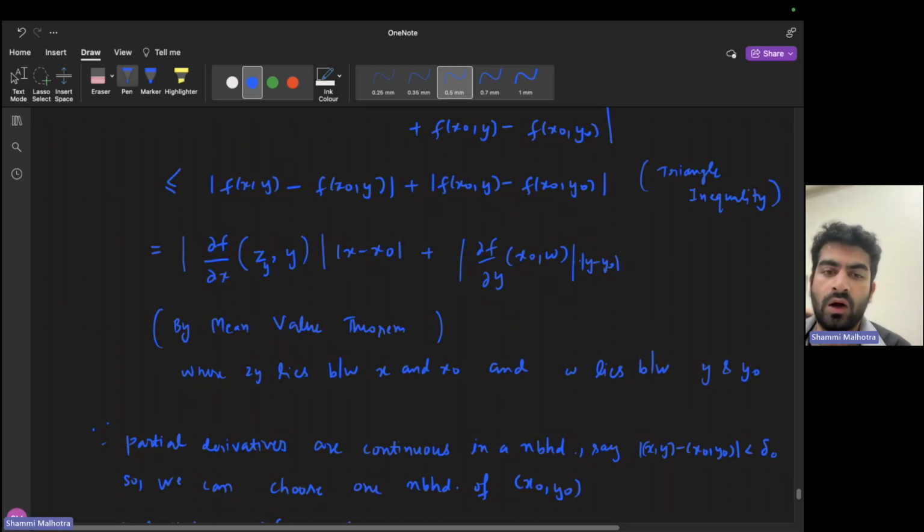Now we can use the assumption we have taken, that the partial derivatives are continuous in a neighborhood.